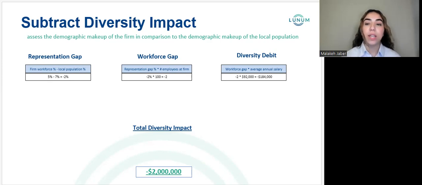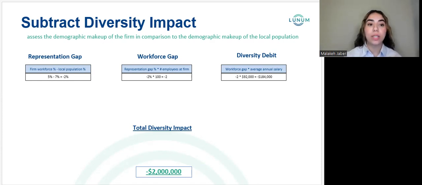We also see that in the local population of state Z, there are 7% Black females. So we would take the difference of those two to determine if there's a disparity. We see here that the 5% in the firm is 2% less than the 7% representation in state Z. And because of that, we reach a calculation of a negative 2%. Again, that negative 2% represents the representation gap.